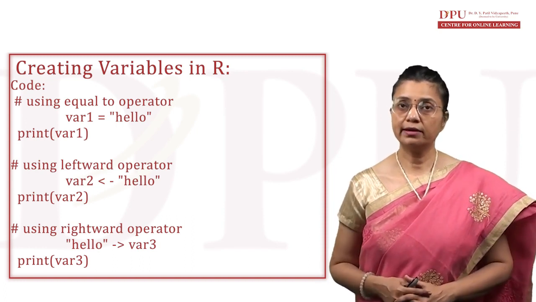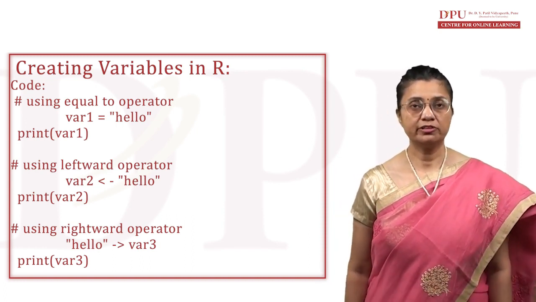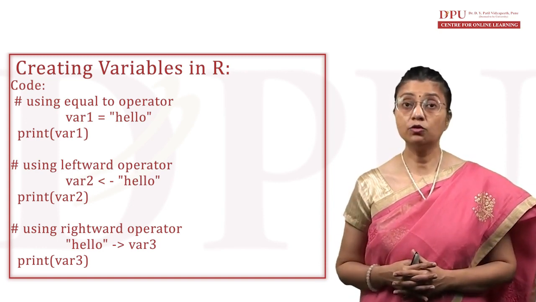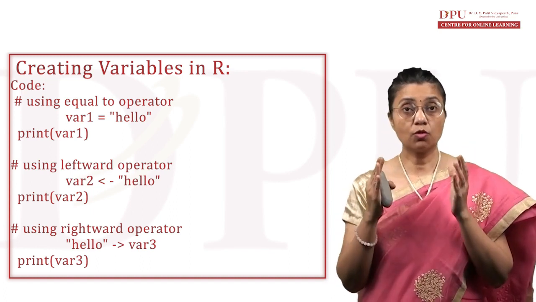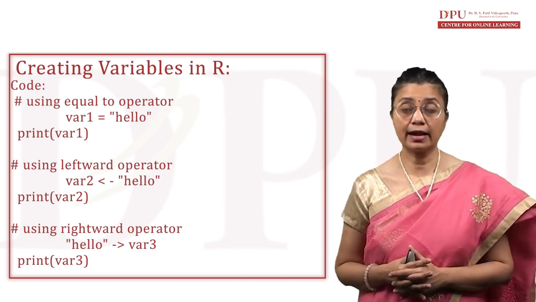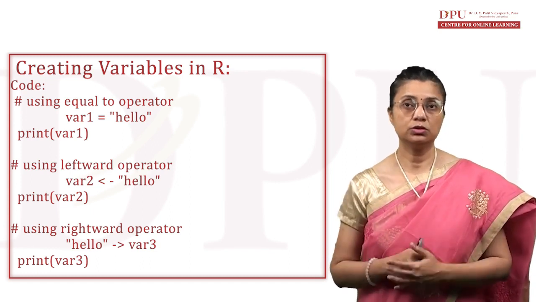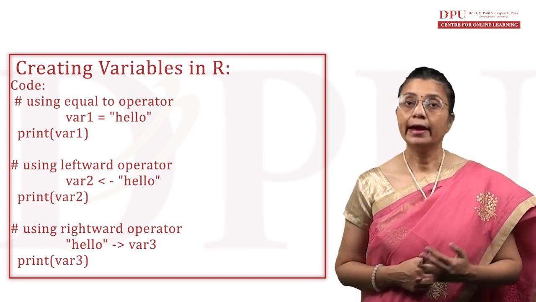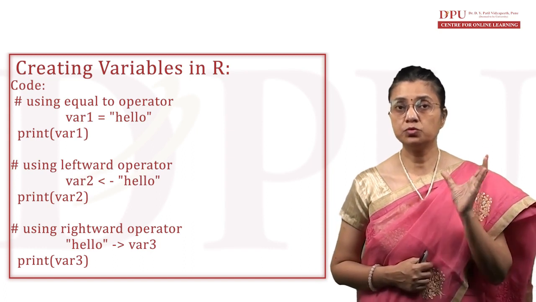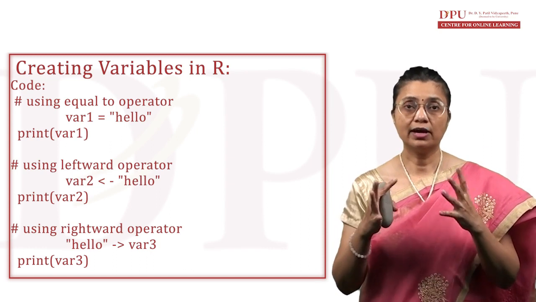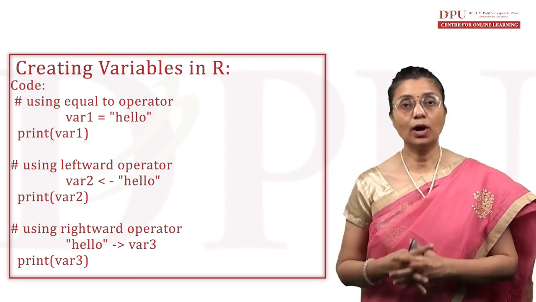Likewise, I am using the leftward operator. var2 is my variable and I am storing hello. Hello is a character constant, and I am storing it in the variable var2, and I am printing var2 on the screen, which is again hello. And in the third option, I am using hello and assigning it to var3 with the rightward operator, and then I am printing var3 on the screen.